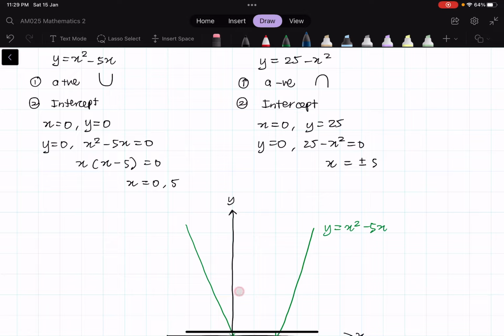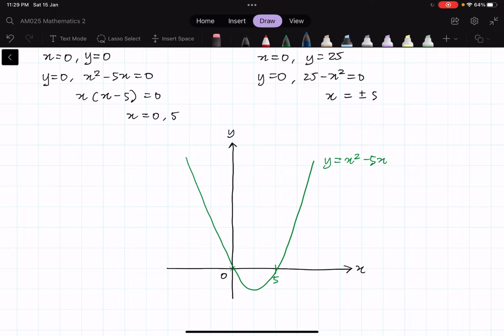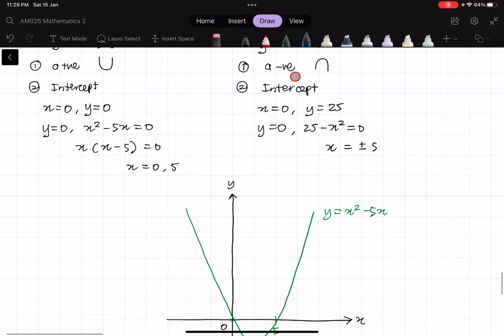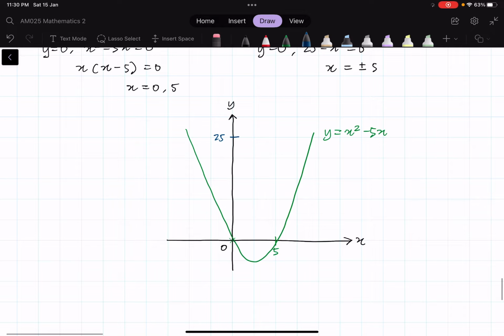Now let's sketch the second curve, which is 25 minus x squared. We're going to get a frown graph. When x equals 0, y is 25. So let's say this is 25. And our x-intercepts are negative 5 and 5. So let's put negative 5 here, and it's also going to cross this 5.